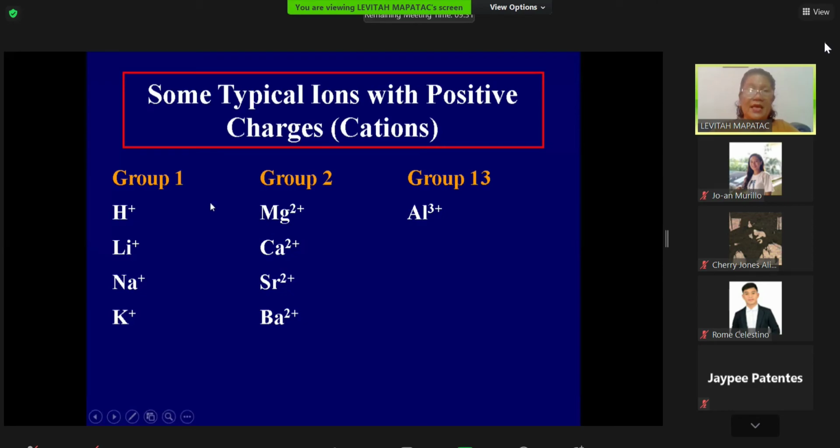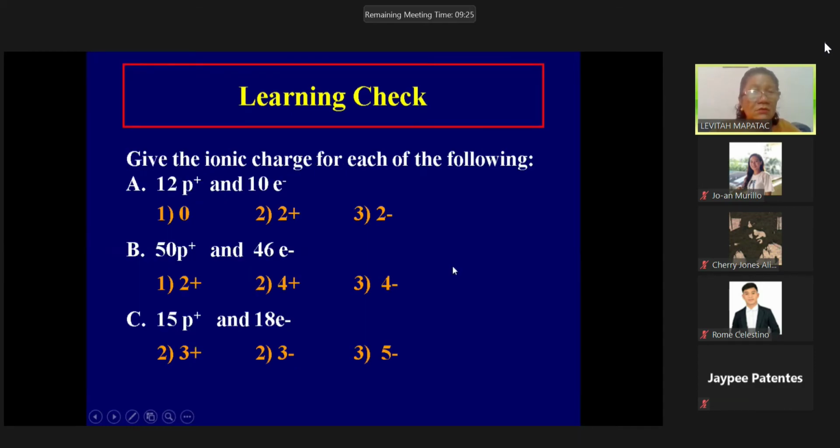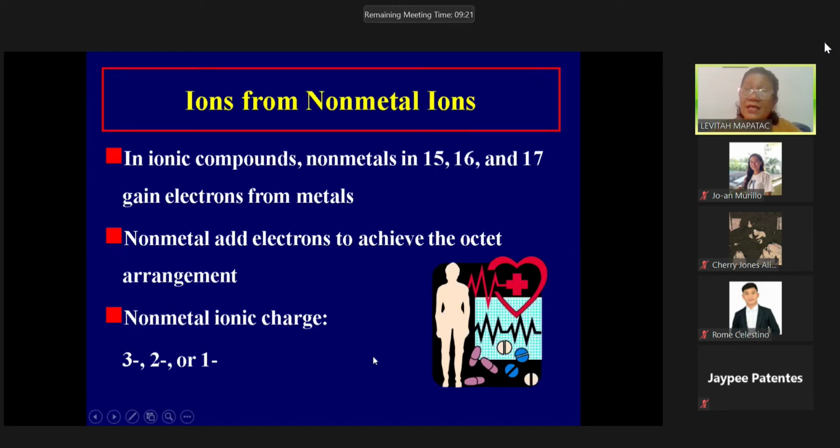Okay. So, this is a learning check, an assignment again. So, how about a non-metal with a non-metal? In an ionic compound, non-metals in groups 15, 16, 17 gain electrons from the metal. So, non-metals add electrons to achieve the octet rule.